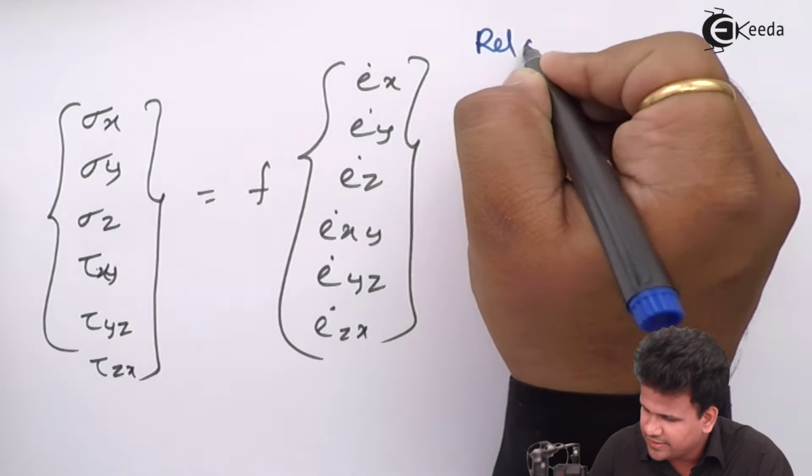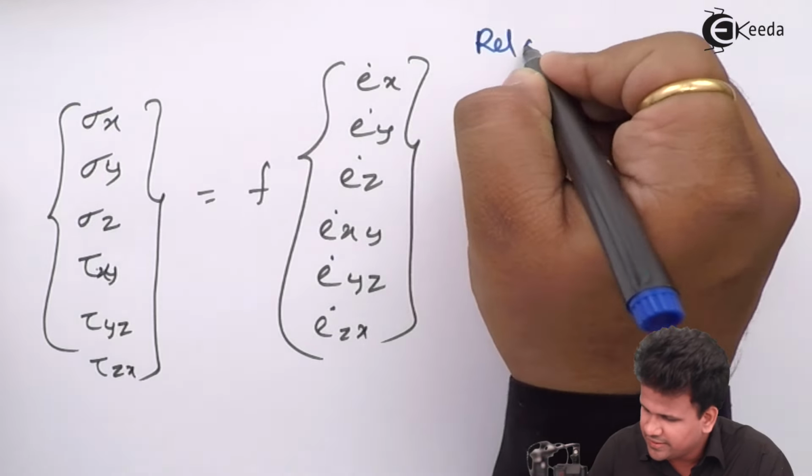That is dou by dou x of sigma x plus body force along x direction per unit mass per unit volume, plus dou by dou y of tau of y plane x direction plus dou by dou z of tau of z plane x direction is equal to rho into capital D u by capital D t. So this we have got initially. We have to substitute the values.